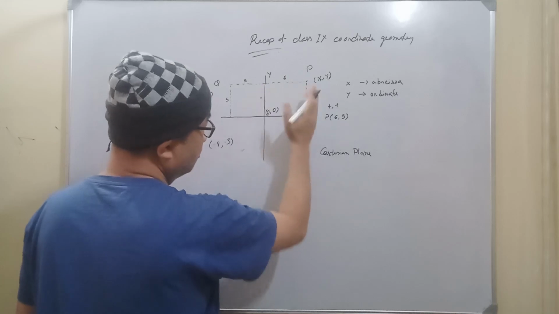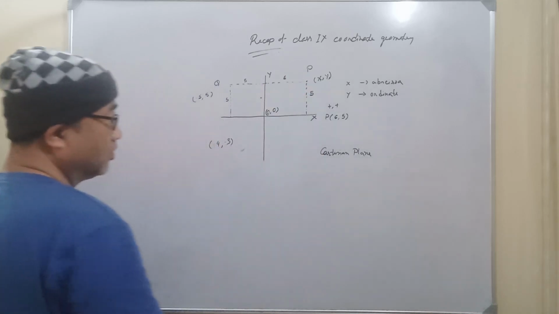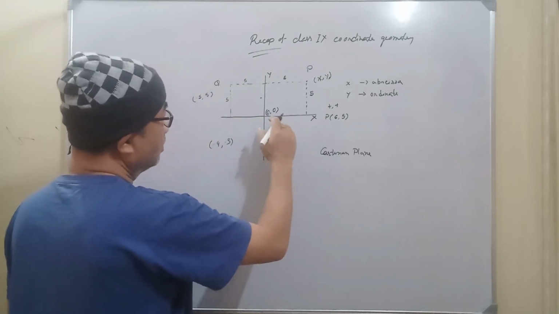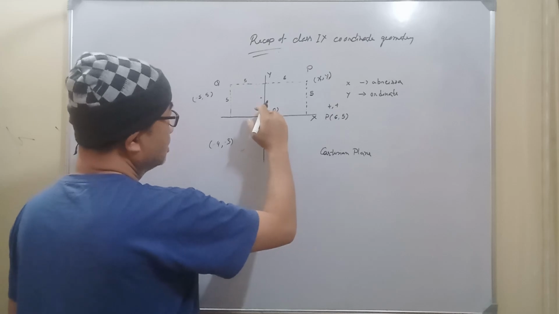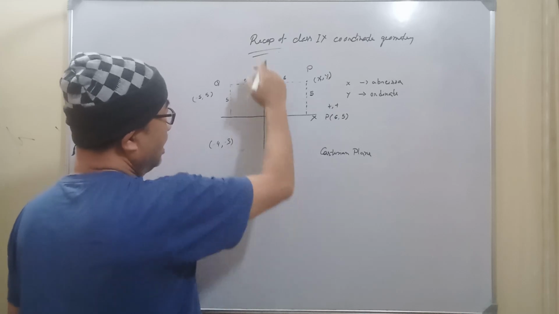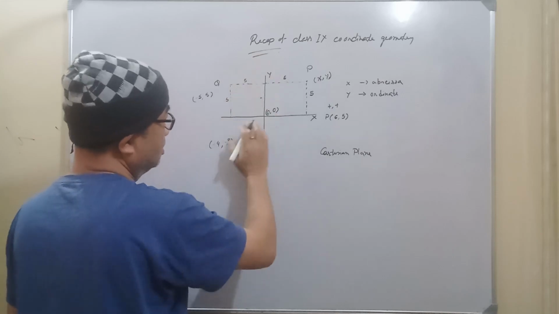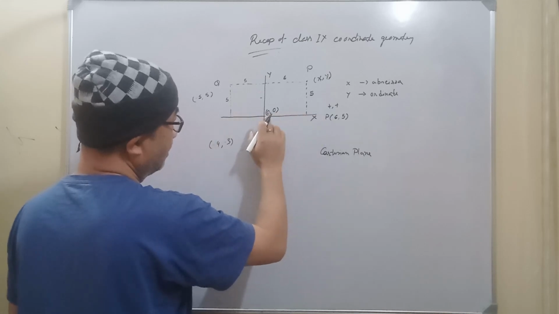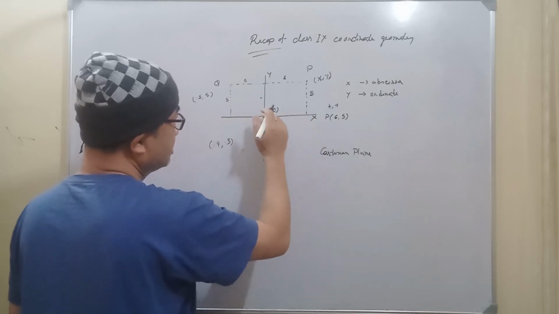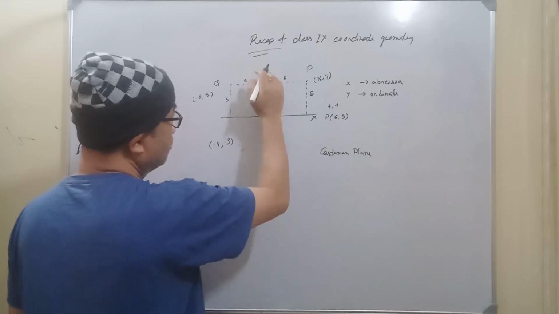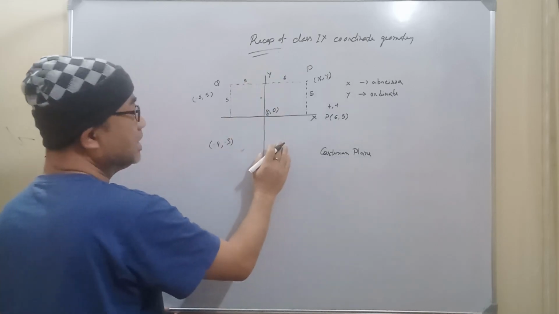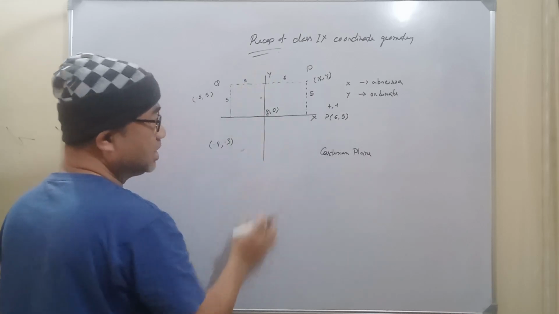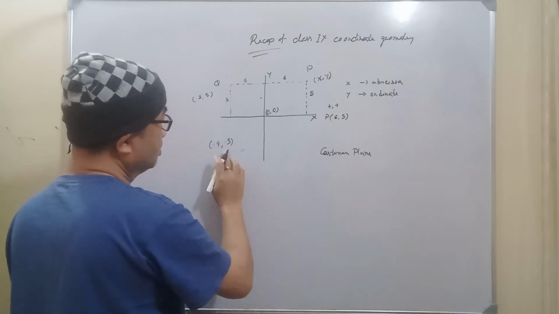Okay, and values of y towards the top half upwards from the x-axis. This is the origin, this is the x-axis. All the values of y coordinates will be positive towards the top half and negative towards the bottom half, like this.